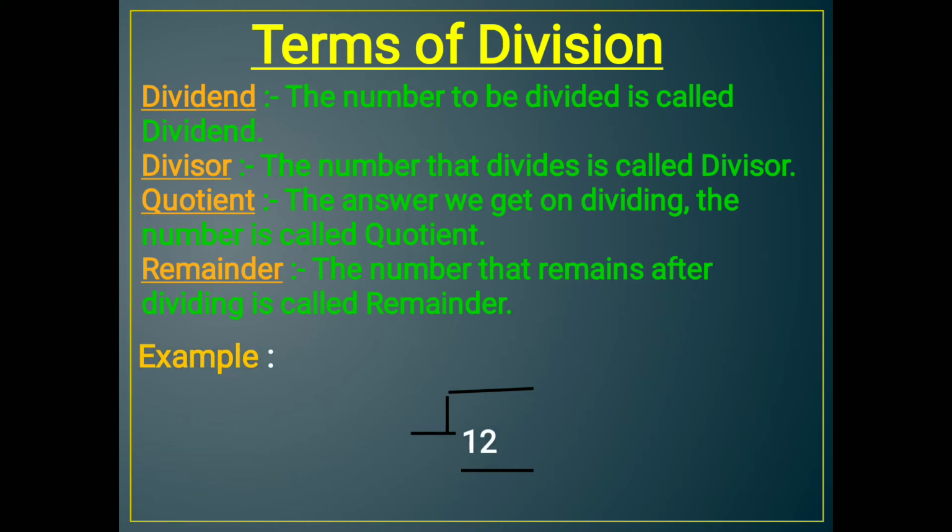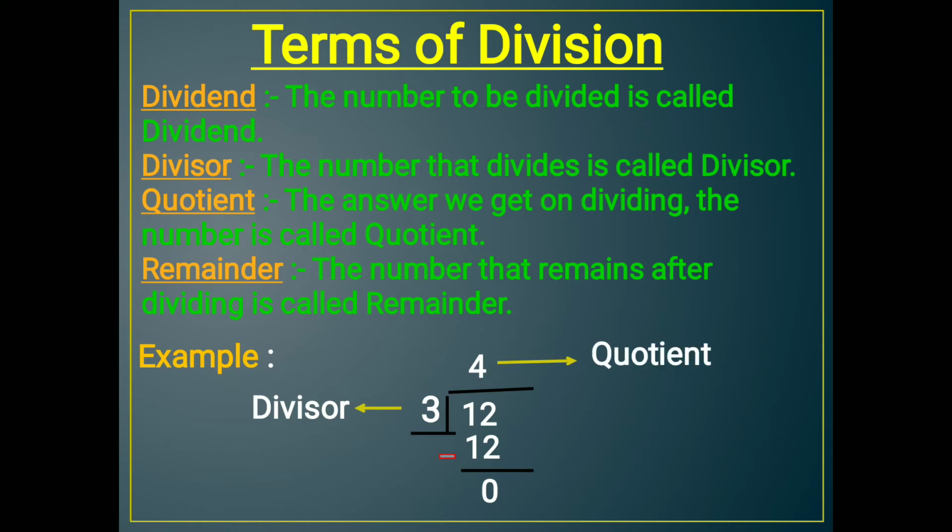So let's understand with an example. Now here we divide 12 by 3, we get answer 4. Now let's see the terms of division. Now here you can see 3 is divisor. It means the number that divides. 12 is dividend. 4 is quotient.